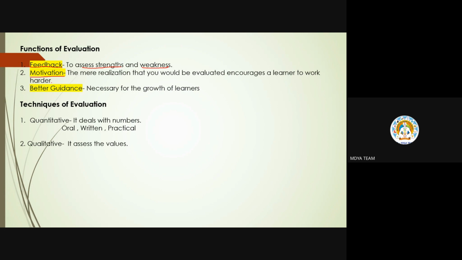No one is there to evaluate what you have learned. So it may work negatively for the learner. The learner knows that after the class there is no one to ask questions, not any assessment, not any monthly test, anything. So it demotivates the learner. And just the realization that you would be evaluated encourages the learner to work hard. This point is clear?